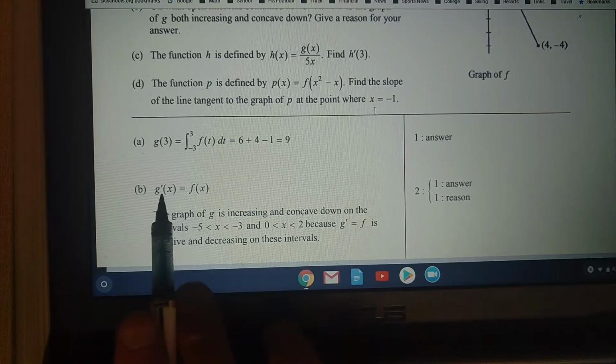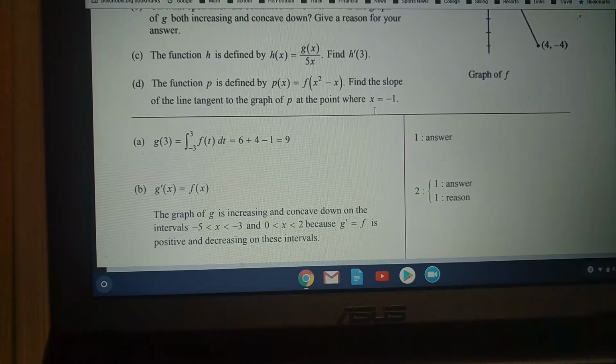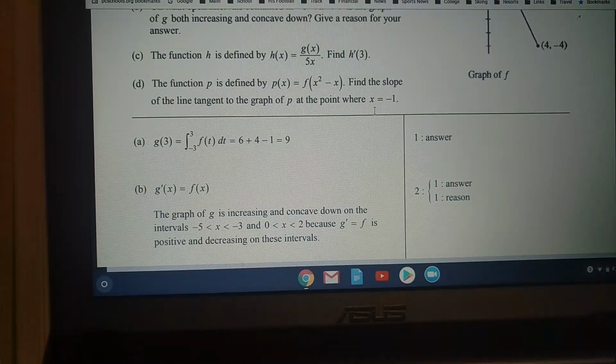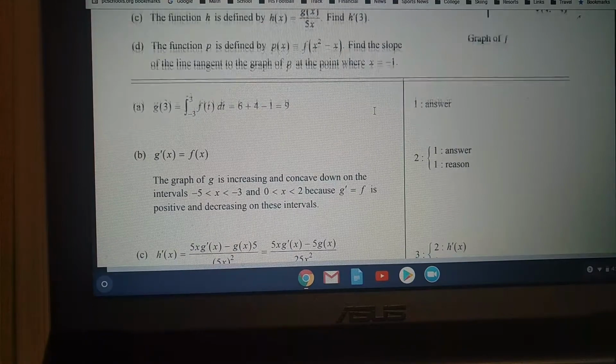Somewhere you have to link that the derivative of g is equal to f of x, and then you have to indicate that g is increasing and concave down on those, because those are the regions where the function f is positive and where f is decreasing. So you got to have that for your reasoning there.